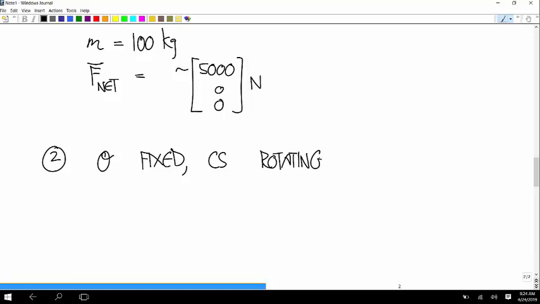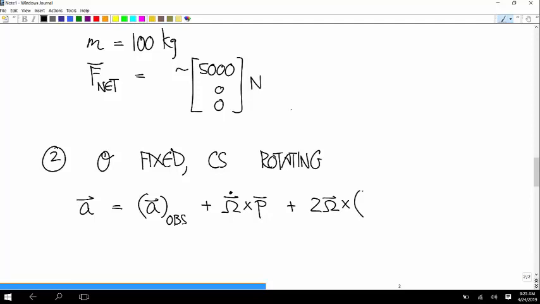So we're going to use this relationship that says the acceleration is equal to the acceleration as observed by the coordinate system plus capital omega dot crossed with the position vector plus 2 times the angular velocity of the coordinate system crossed with the velocity vector as observed in the coordinate system plus capital omega cross quantity capital omega cross p.